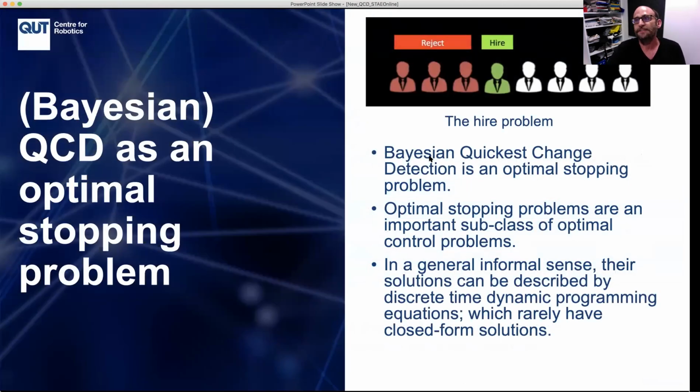All right, so now to the middle part of the talk, and I'm going to get a little bit concrete. I'm going to talk about a very specific problem and write it down in a little bit of detail so we've got something solid to think about. The problem I chose is Bayesian quickest change detection, also because it flows into the third part of this talk.